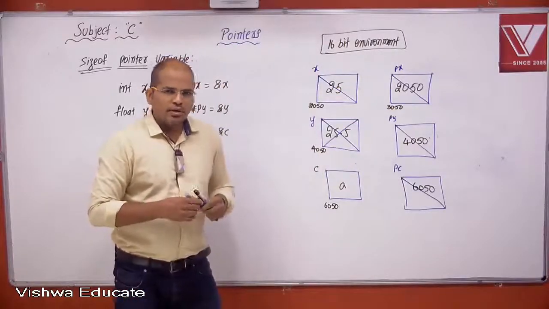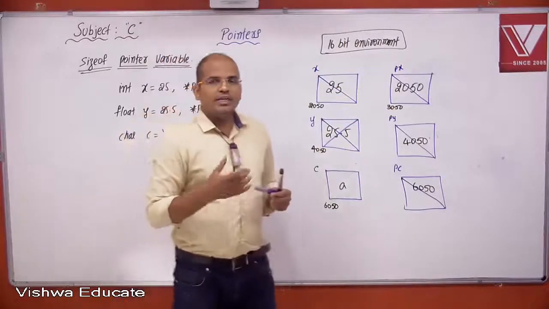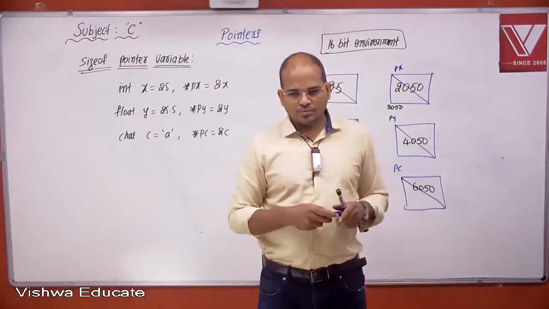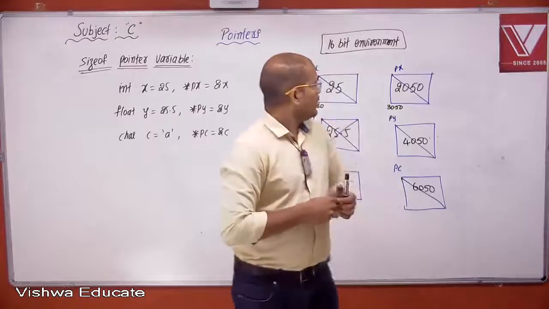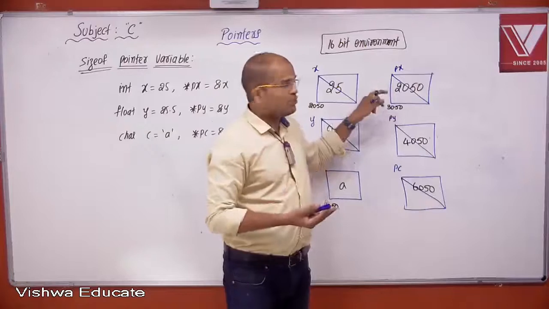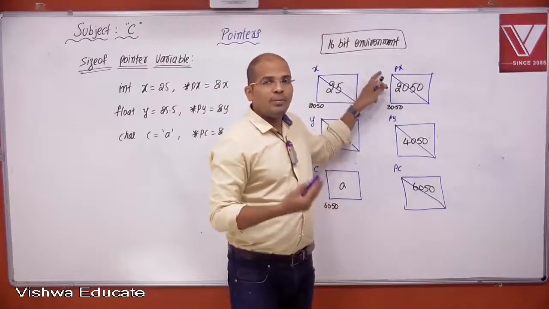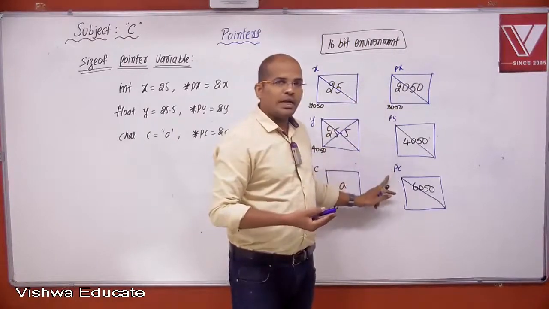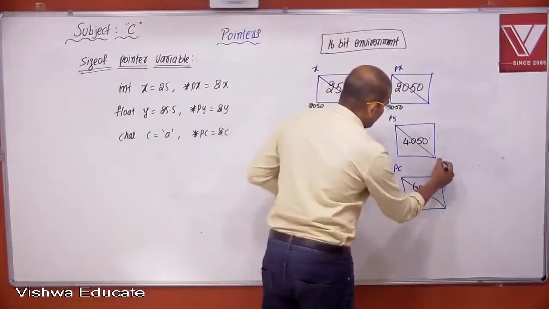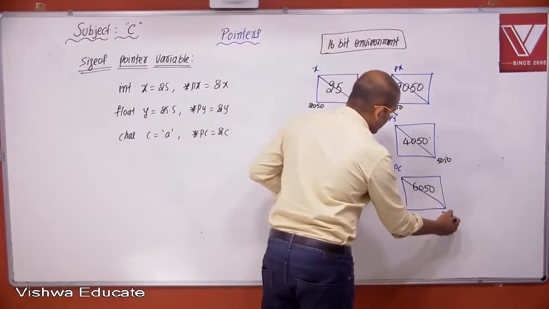So what I am trying to tell is, whether it is an integer pointer or a float pointer or a character pointer variable, the size of a float pointer variable will be the same as the size of an integer pointer variable and a character pointer variable.